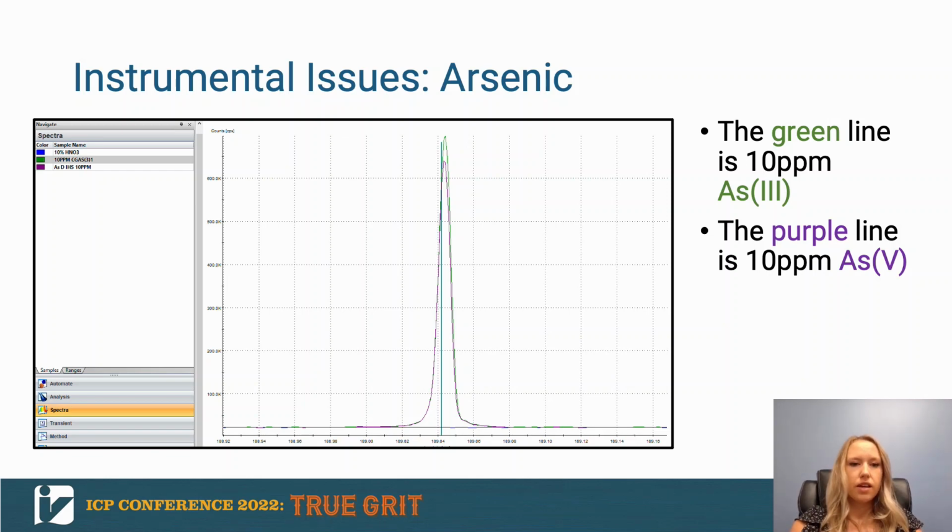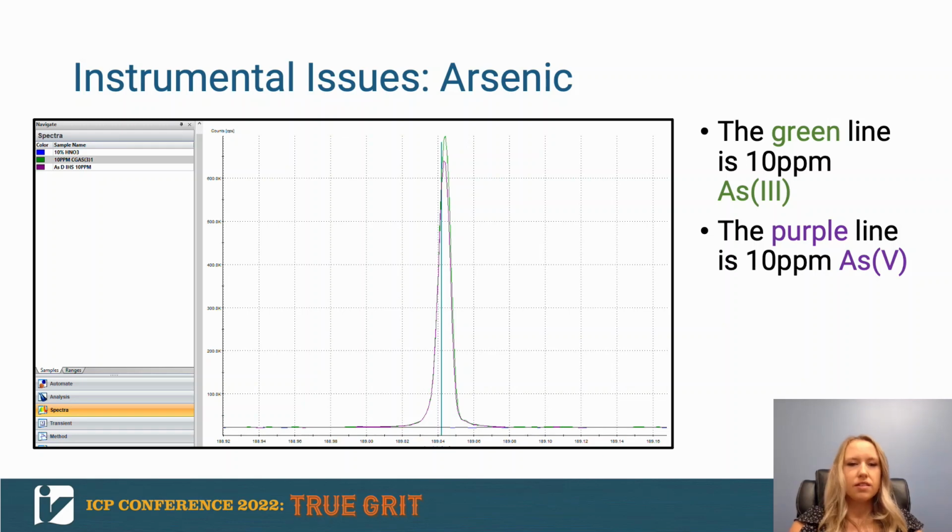This is an analysis that we performed on one of our instruments here at IV. The green peak that you see there is a 10 ppm standard of arsenic 3, and the purple peak is a 10 ppm standard of arsenic 5. You'll see that there is a slight increase in the signal for arsenic 3 versus arsenic 5.